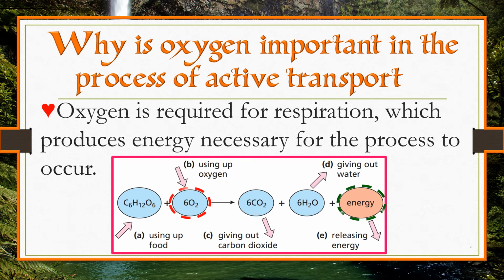And this reaction, the respiration reaction, requires oxygen. So if oxygen is not provided, then we are not going to produce our energy. So oxygen is required for the respiration reaction to take place, so that we are able to produce energy, which is necessary for the active transport process.